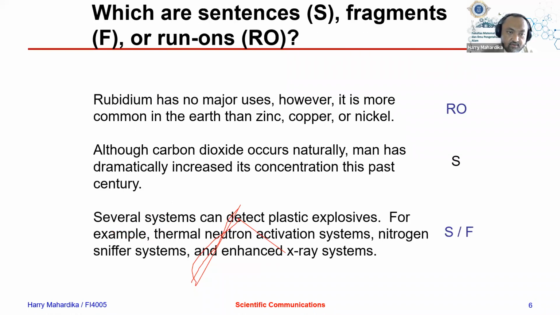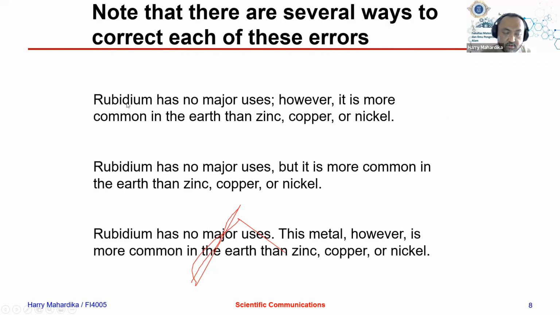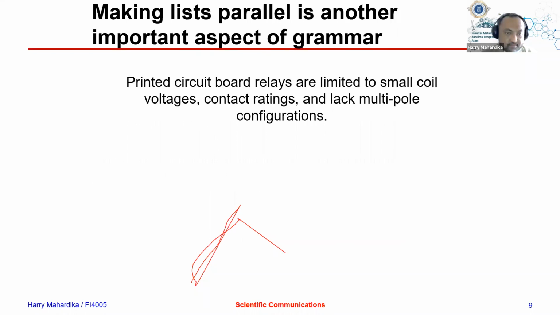If the original form is "Rubidium has no major uses, however, it's more common in the earth than zinc, copper, and nickel," we can also write it as "Rubidium has no major uses; however, it is more common in the earth than zinc." We use a semicolon. So there are several alternatives we can use to fix the arrangement of a sentence.